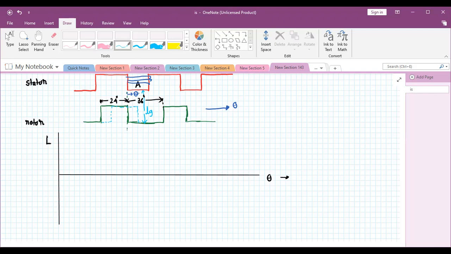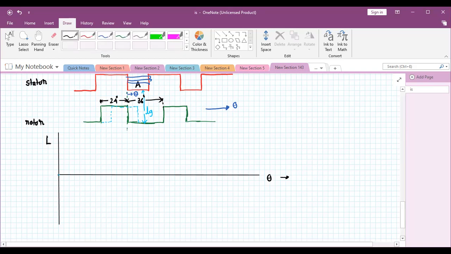Try to draw the graph. Suppose here I am taking theta equal to 0 degrees. At that time, the inductance is minimum or maximum? See, the original position.